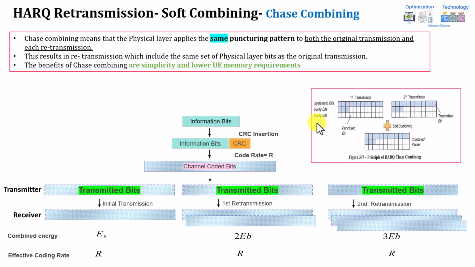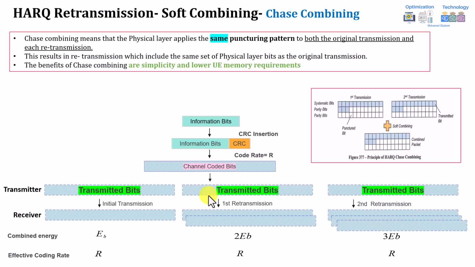Since the retransmission carries almost identical information to the initial transmission, this is simpler from the receiver's point of view and requires lower UE memory compared to what we are going to discuss about incremental redundancy.